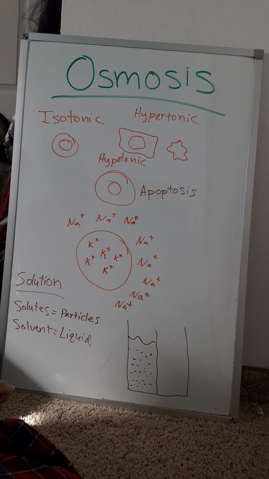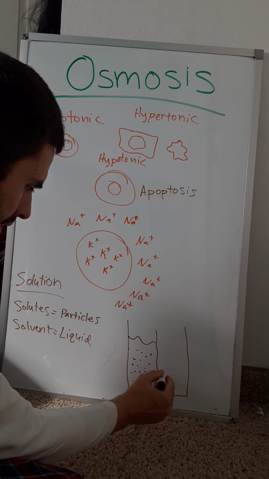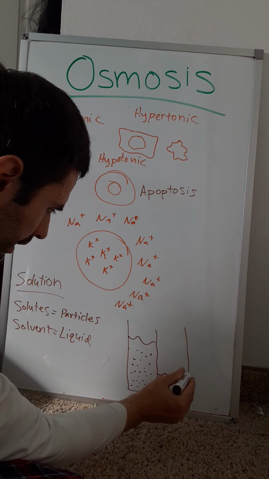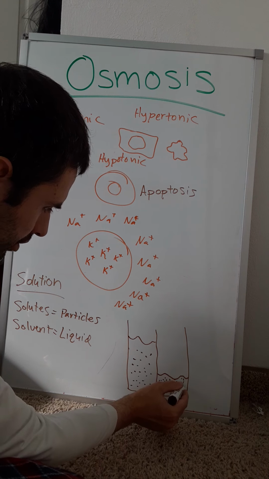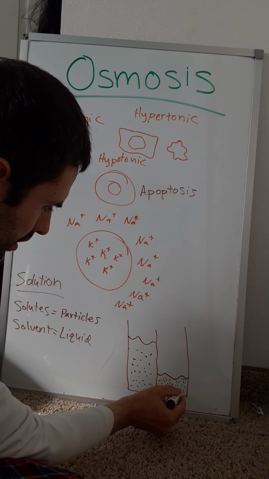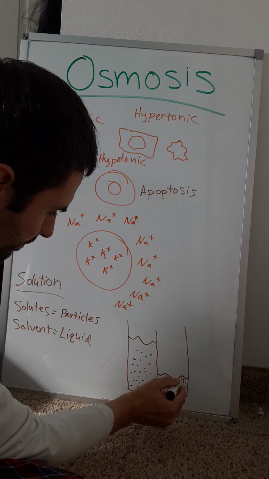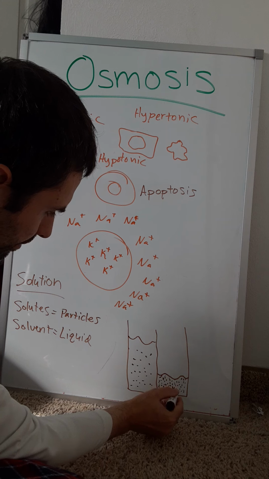And then I stick in a lot lower volume of solution here, and this one has a super high concentration of solutes, okay? All right, so this is a lot more concentrated.